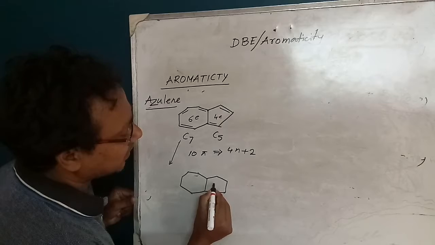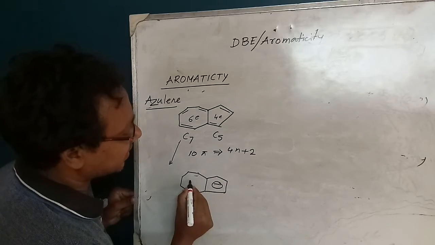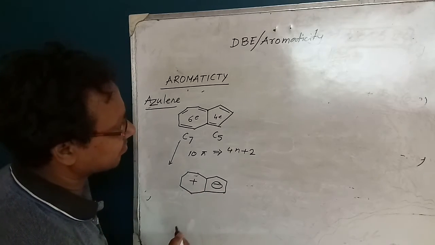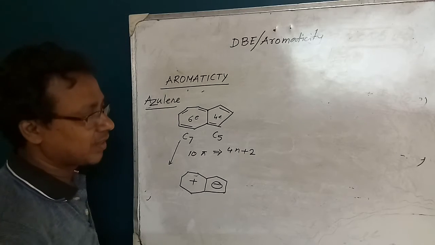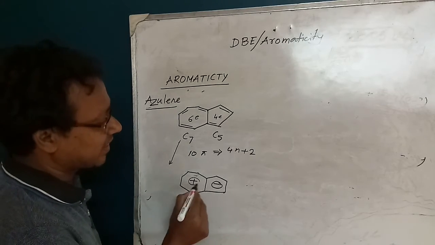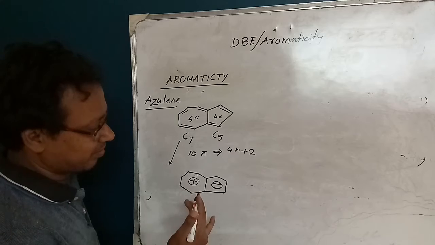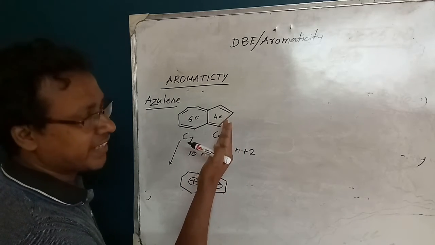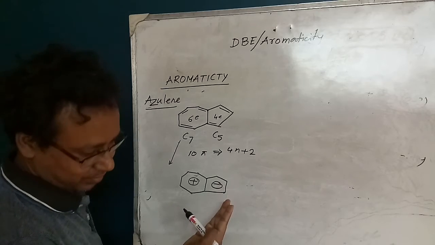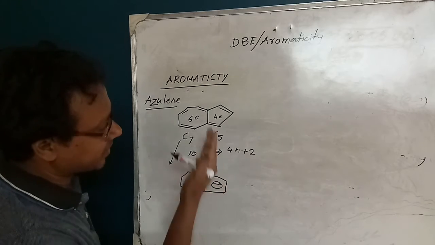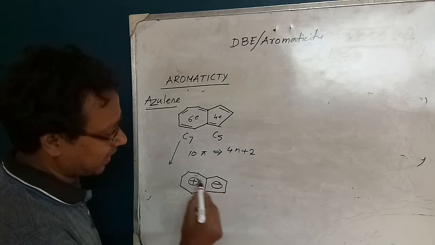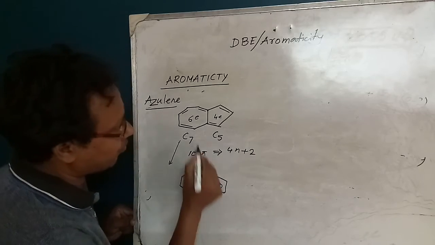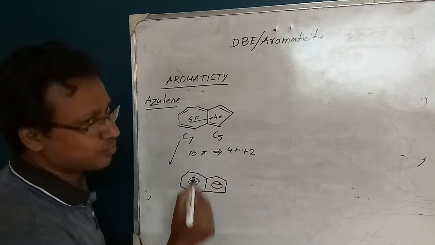It is minus, it is plus. What's the case? It is donating electron to the other ring, and that ring is gaining. It is obtaining 6 electrons. So in total there is an electron flow from the bigger ring to the smaller one.